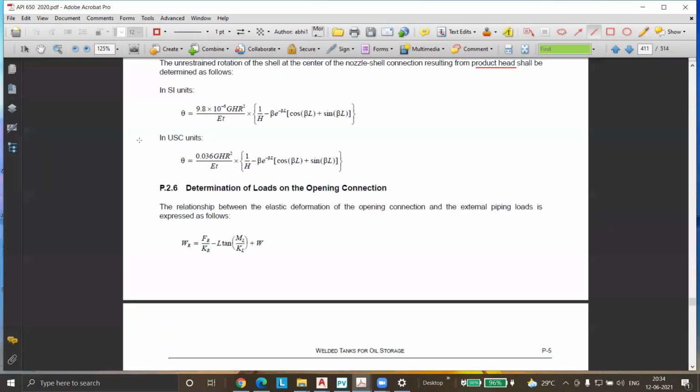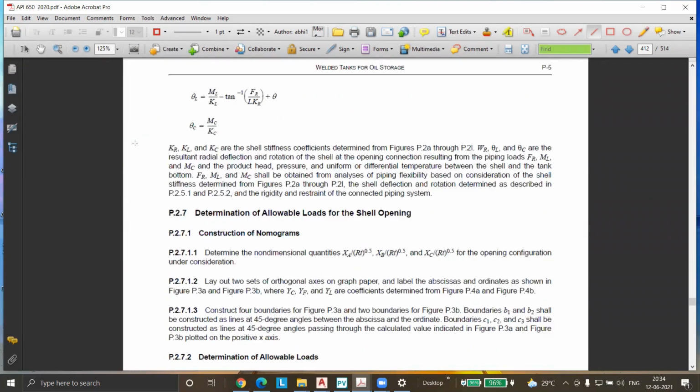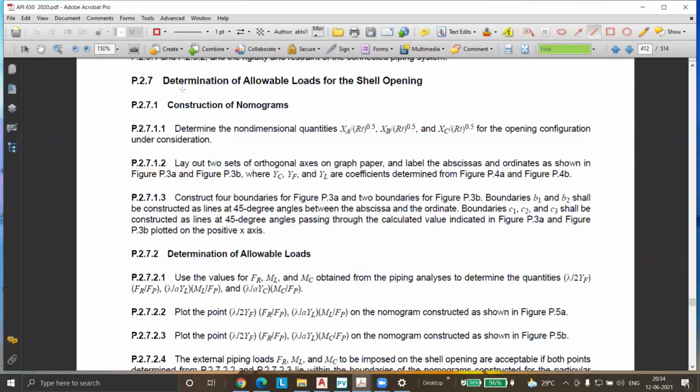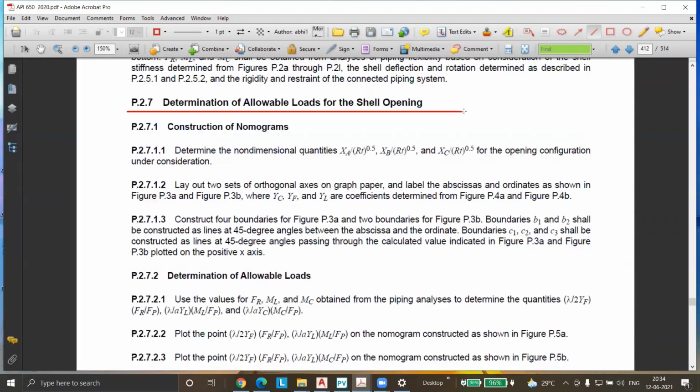Till now we have not seen what loads we can have. Now let us find out the methodology to calculate the loads. It starts with P2.7, determination of allowable loads for shell opening. So how will we determine the maximum load available? We are not checking it like Section VIII Division, where we have the load and check the stresses.